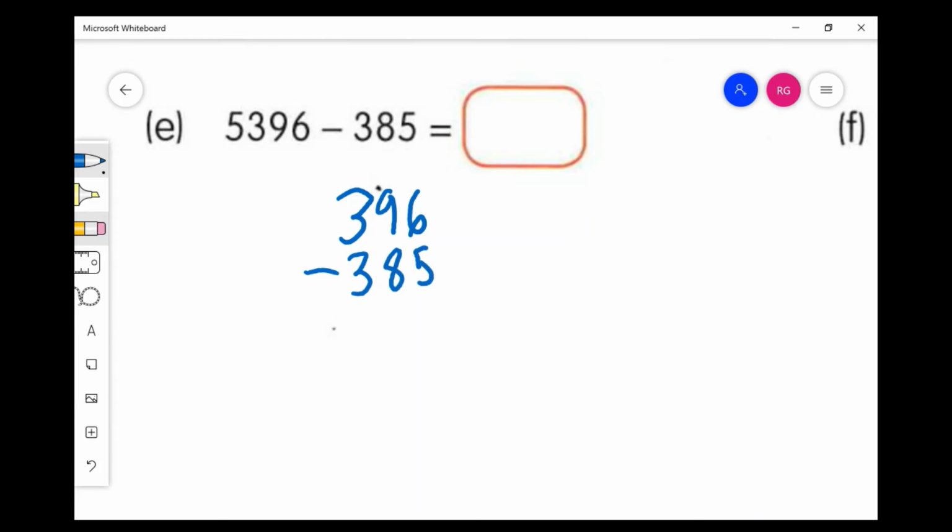You could even go further and just say 96 minus 85. That also would work probably. So here I think, what is this? This would be 11, right? So the answer would be 5,011. Okay.